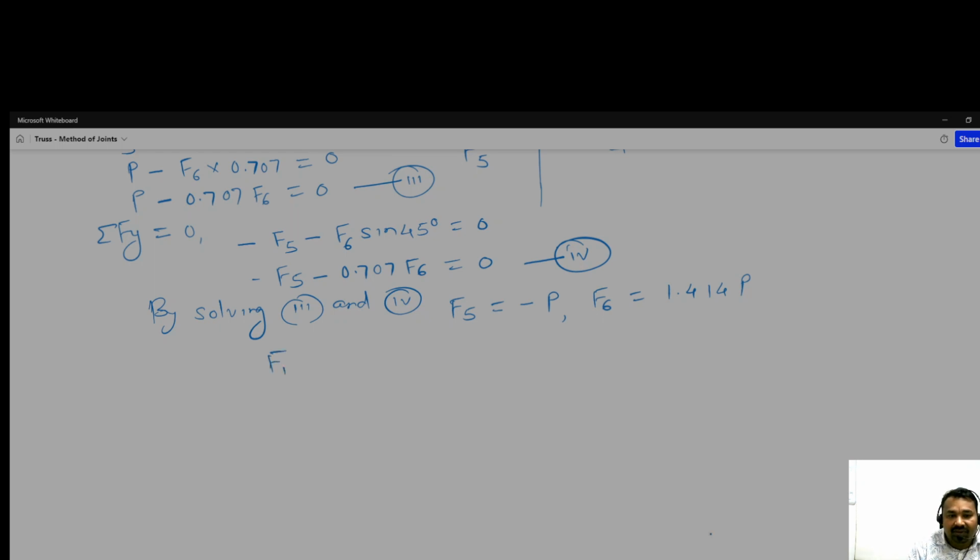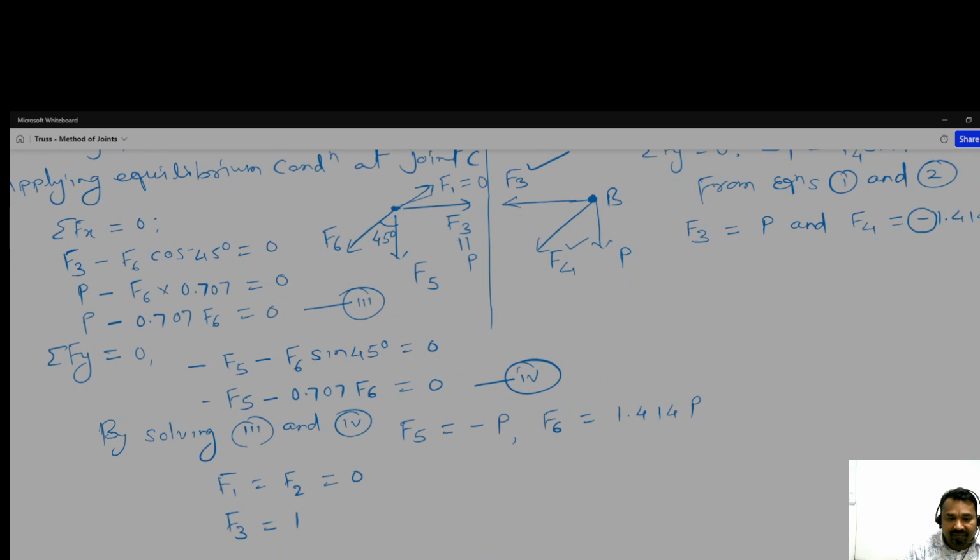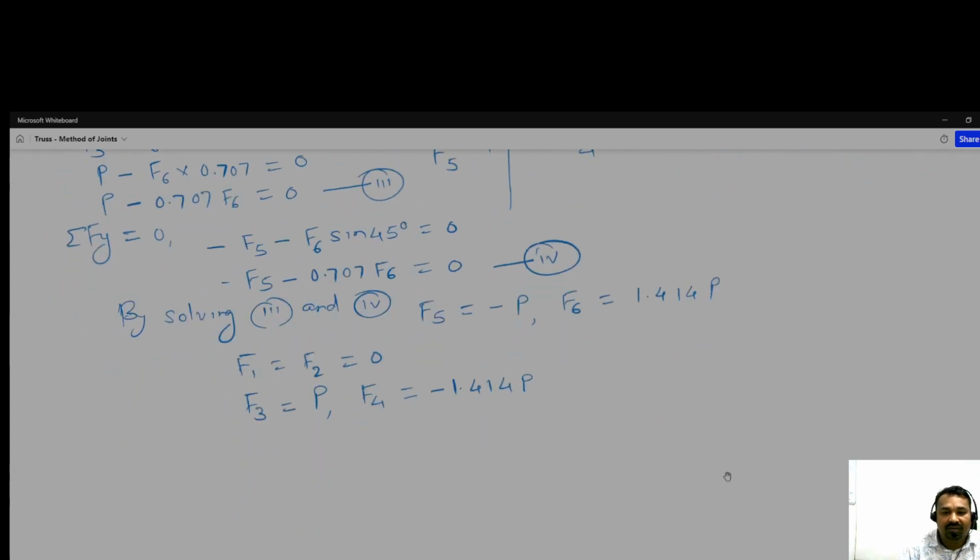So F1, F2 is equal to 0, and F3 is equal to P. What about F4? F4 we have minus 1.414 P. And F5 is equal to minus P, and F6 is equal to 1.414 P.